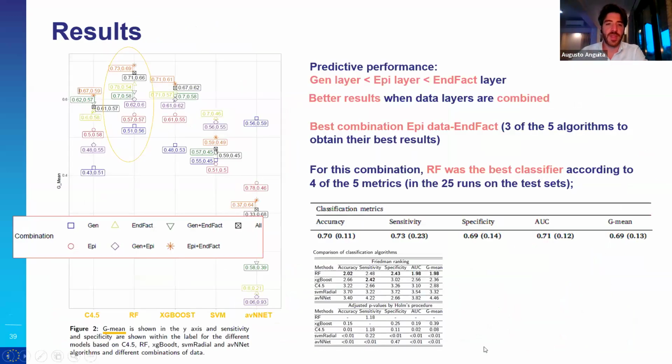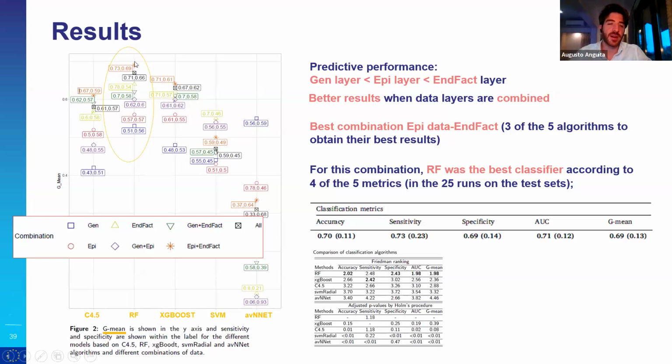So here is the overview of the results that we get. What I show here is the G-mean, basically the predictive performance of each of the models. Here, this is the decision tree, the random forest, the XGBoost, which is another ensemble type algorithm, the support vector machine, and this is the neural network.